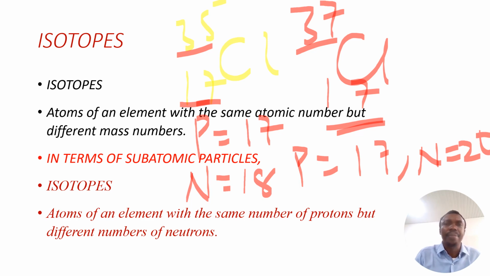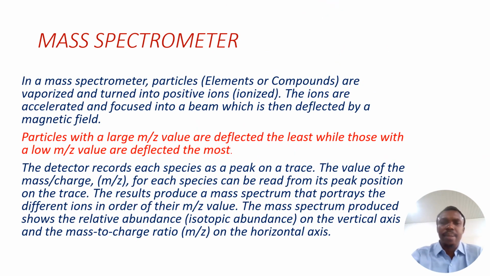So having considered mass spectrometry as an analytical technique, which is the use of a mass spectrometer, we want to look at the operation and the components of a mass spectrometer. Now in a mass spectrometer, the particles, it can be an element, it can be a compound, are vaporized and turned into positive ions, which is ionization.